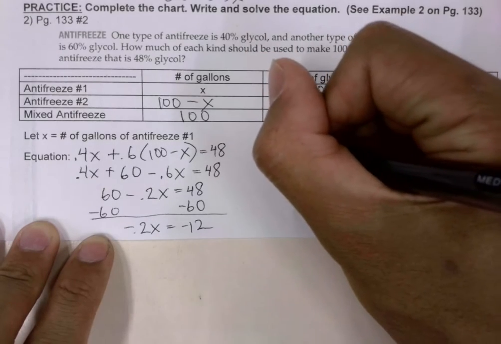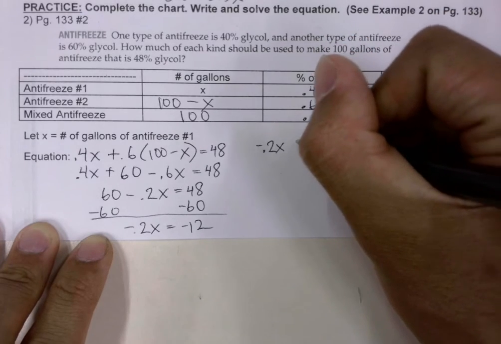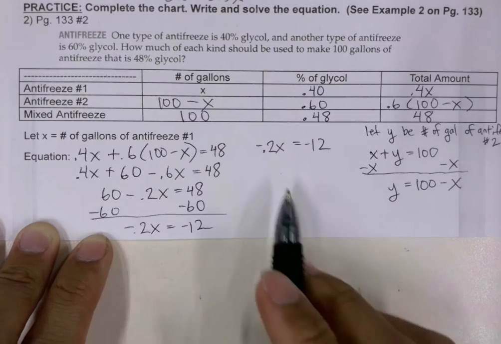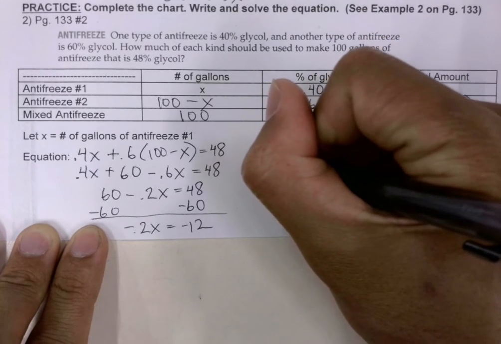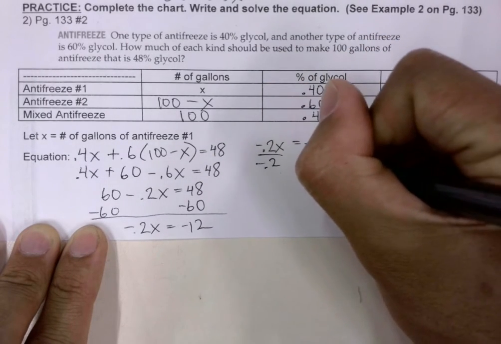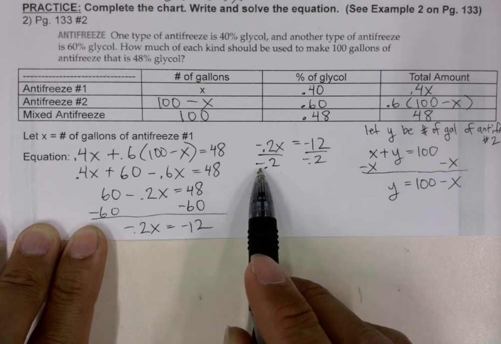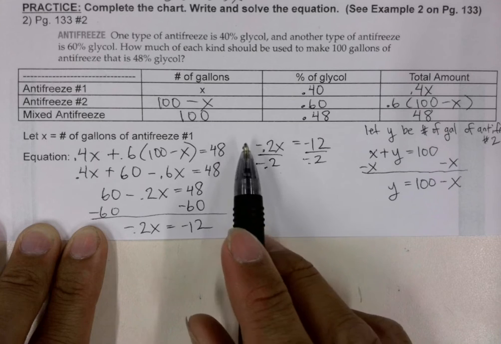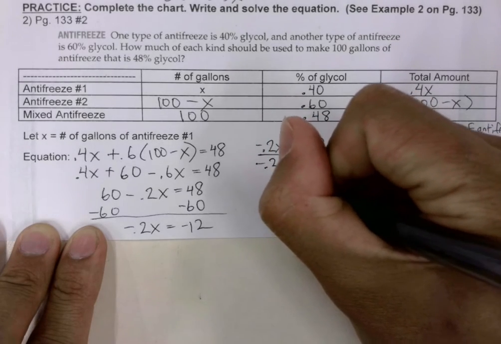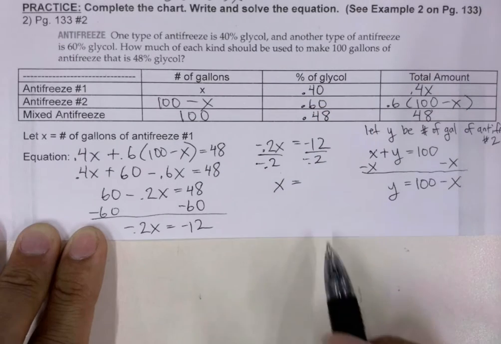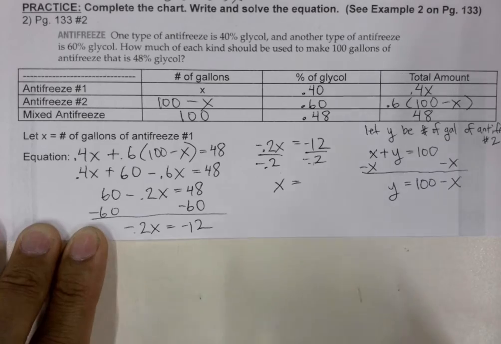Let's go ahead and write our equation in this space on the right. So to get the x by itself, we're going to divide both sides of the equal sign by negative 0.2. Negative 0.2 divided by negative 0.2 is positive 1 times x. That leaves us with x is equal to negative 12 divided by negative 0.2, which would be a positive.